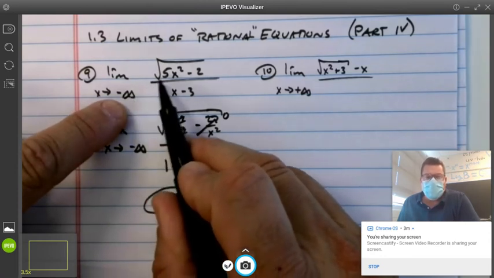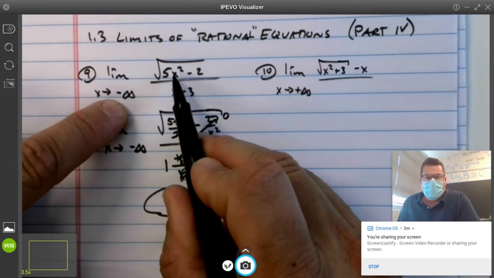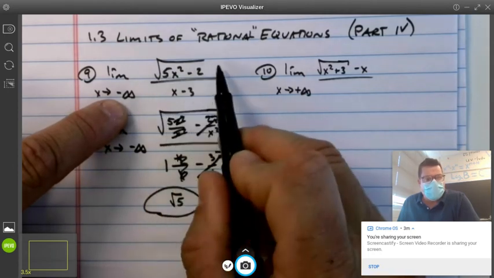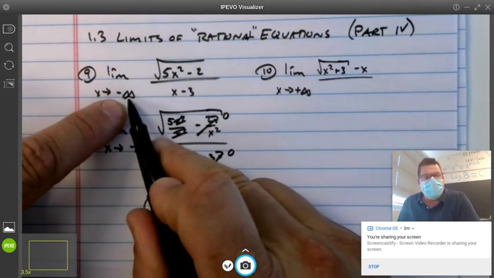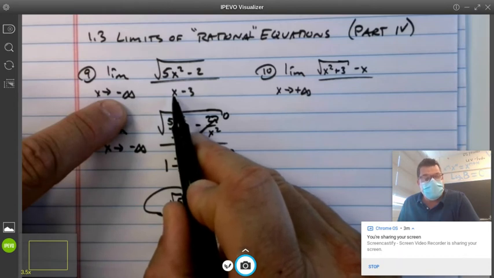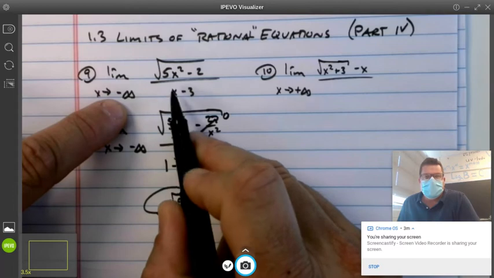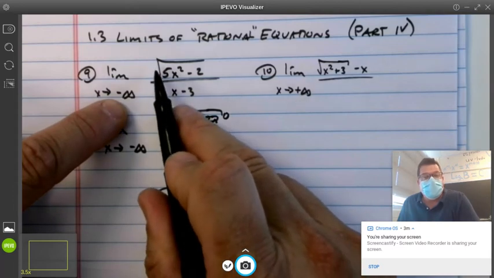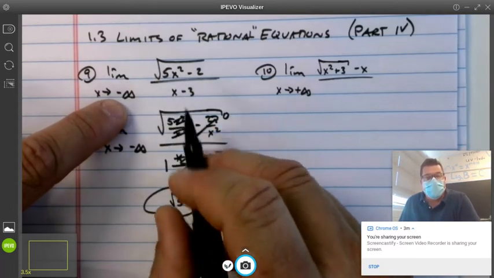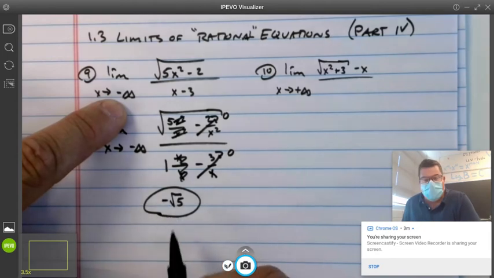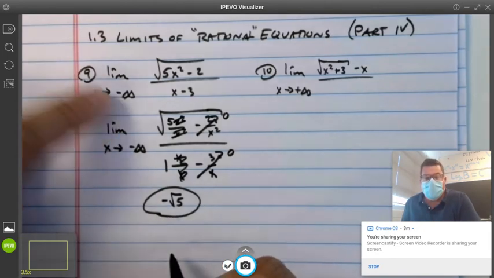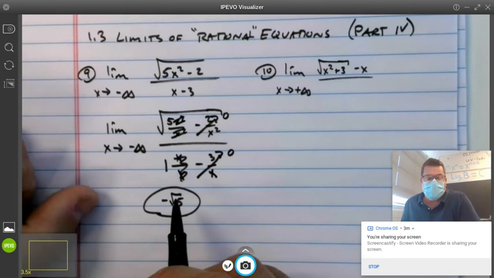When you put negative infinity into it, on the top, it's going to be a positive number. But when you put negative infinity to the bottom, as is in the original, it's going to be a negative number. So we take a positive number divided by a negative number and get a negative number. Hopefully you'll be able to remember that.